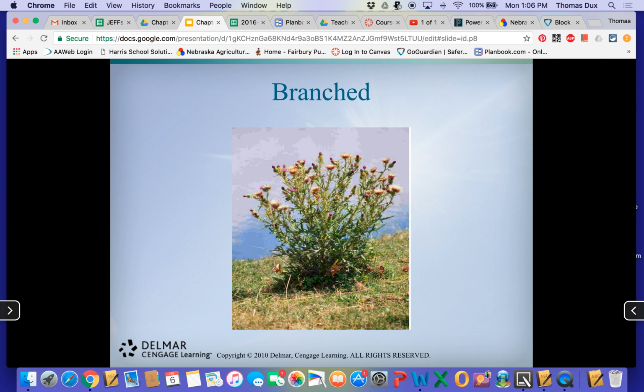Are they monocots or dicots? They probably would be dicots because what type of root do they have? Tap root. Anybody ever dug these up? Those tap roots are like this long.